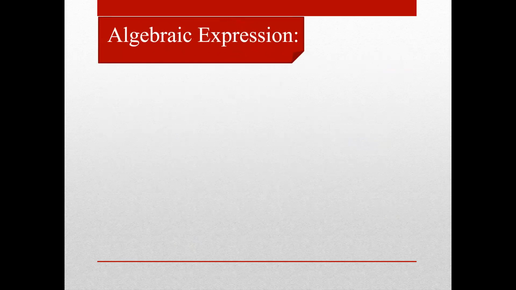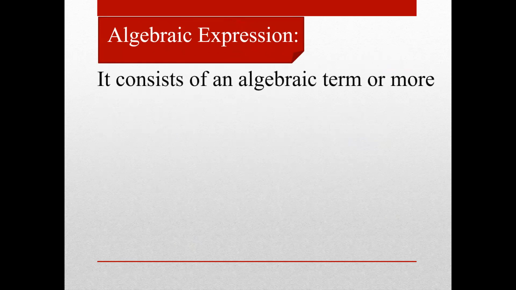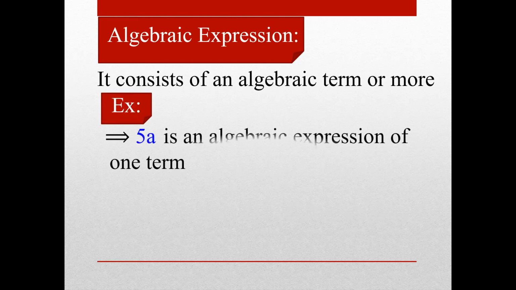Second part in our lesson is algebraic expression. The algebraic expression consists of an algebraic term or more, connected by a plus or minus sign. 5a, we can say that 5a is an algebraic expression of one term.